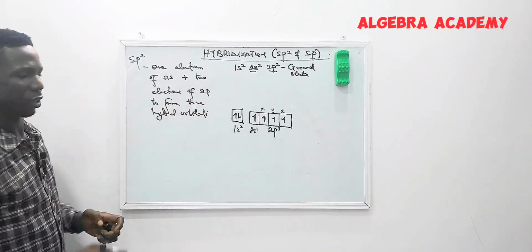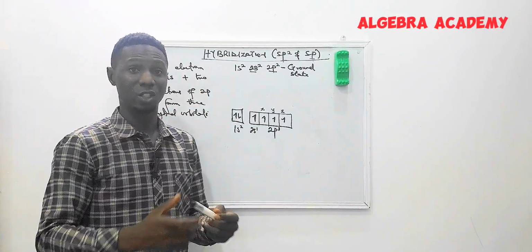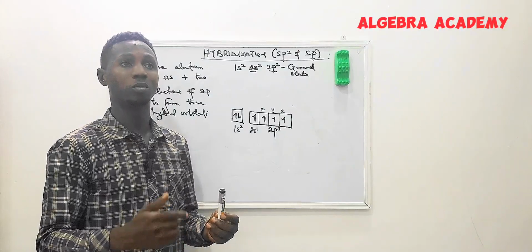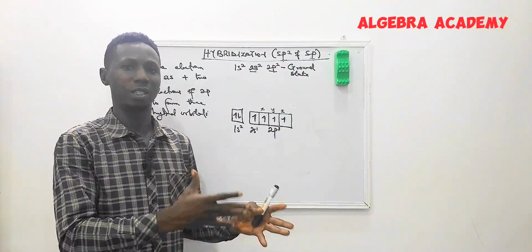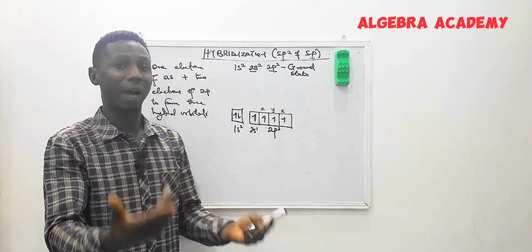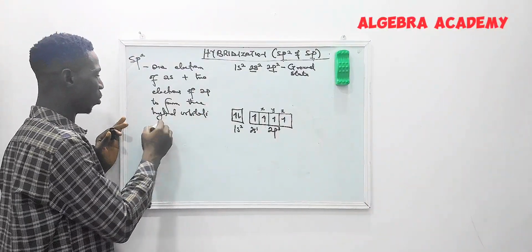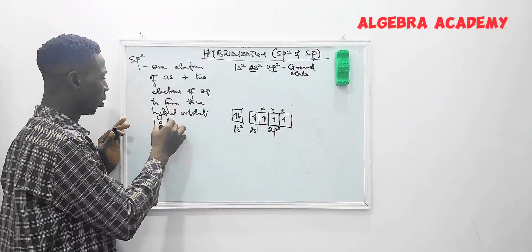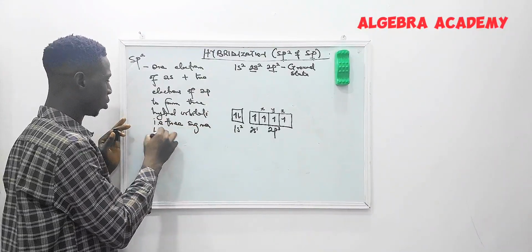Don't forget, in the last video I told you that orbitals that participate in hybridization form sigma bonds. But orbitals that do not participate in hybridization, in other words unhybridized orbitals, form pi bonds. So we are forming 3 sigma bonds.